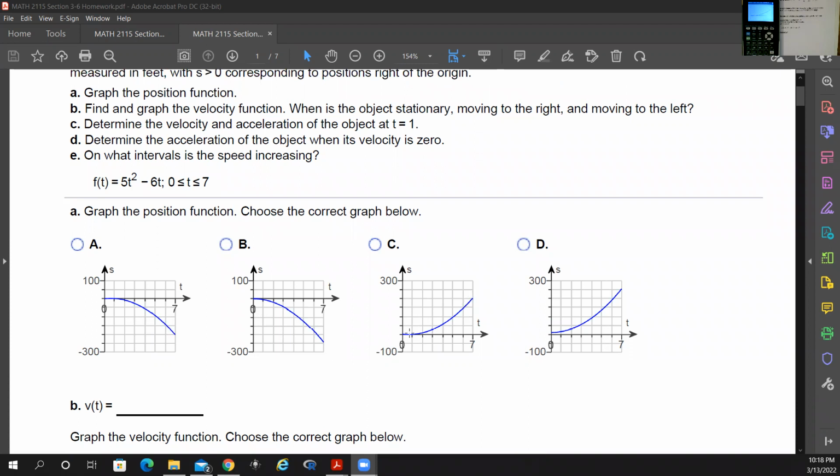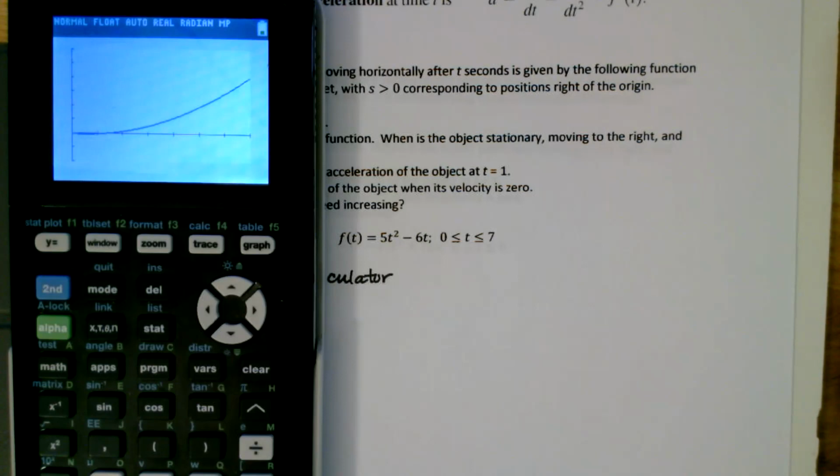As you can see, it's opening upward. So that means it would be this answer choice right here. So we already graphed the position function on the graphing calculator. You just have to pick the one that best fits or is close to the one on your calculator. So that's part A right there.